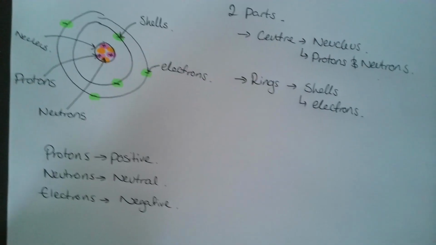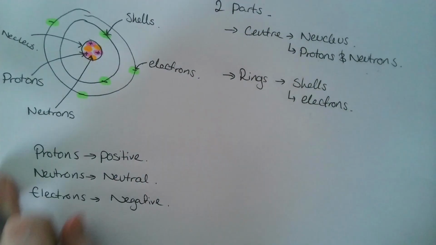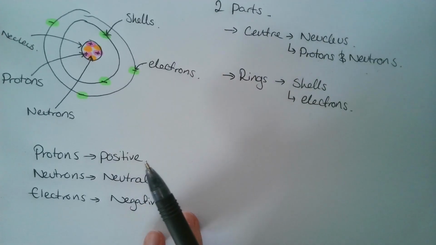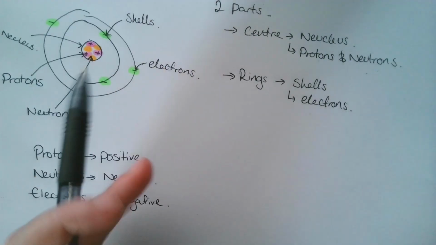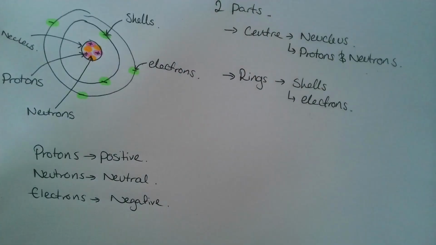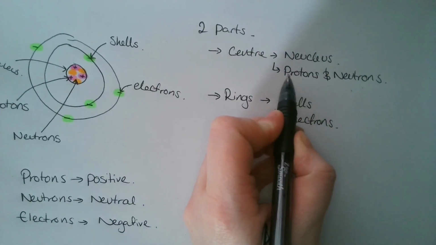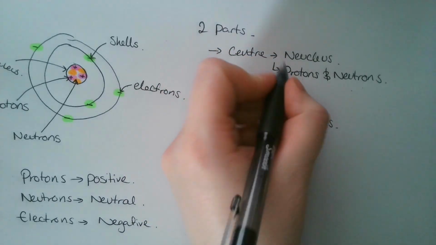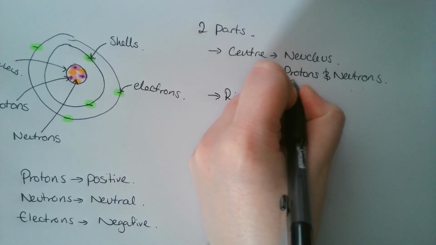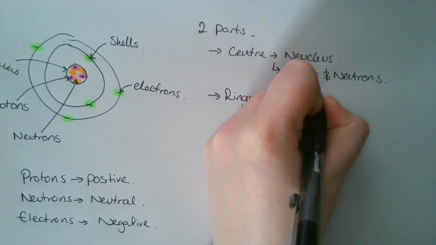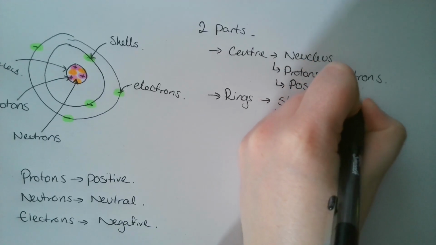So by knowing this, we can begin to see where the charge is being shared. In our center, we have protons and neutrons. Well, protons are positive, so our nucleus is said to be positively charged.